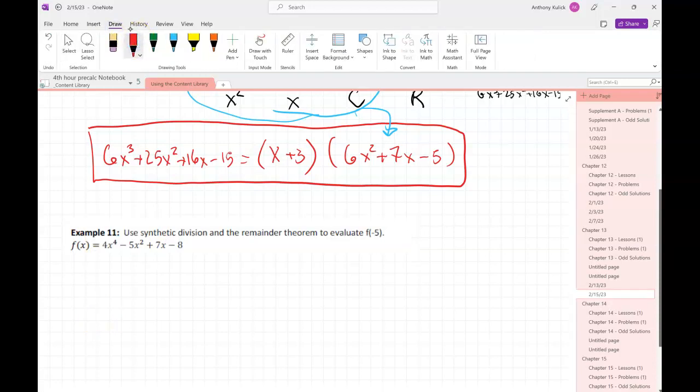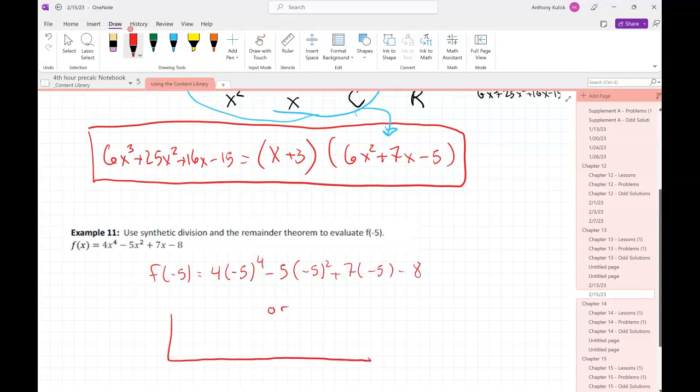You can use synthetic division to evaluate f of -5. Now remember that if we ask you for f of -5, this means the same thing, right? Or we can set this up as a synthetic division problem.